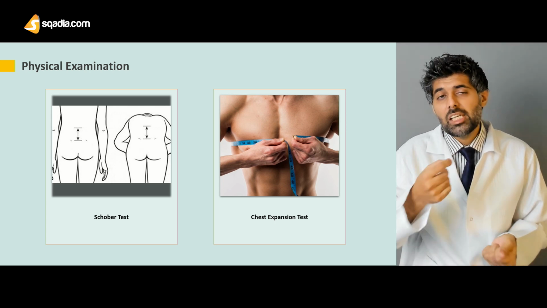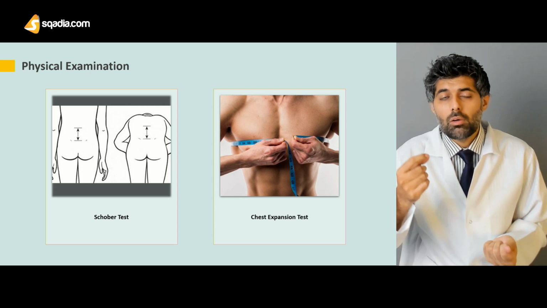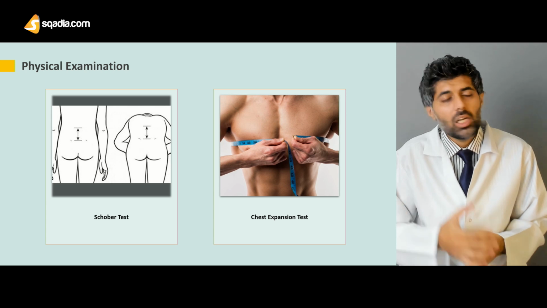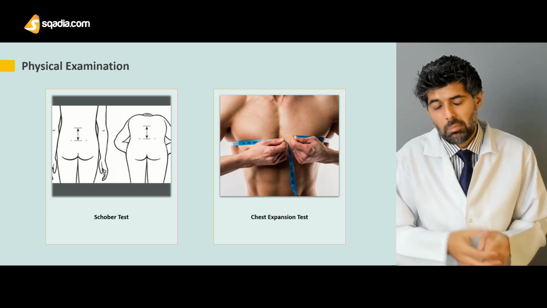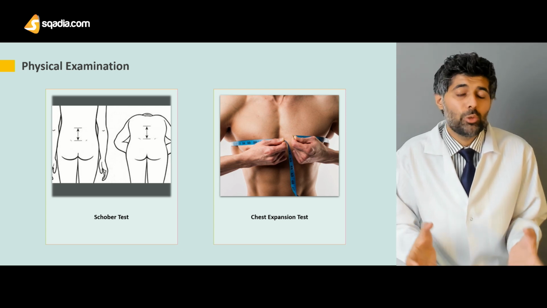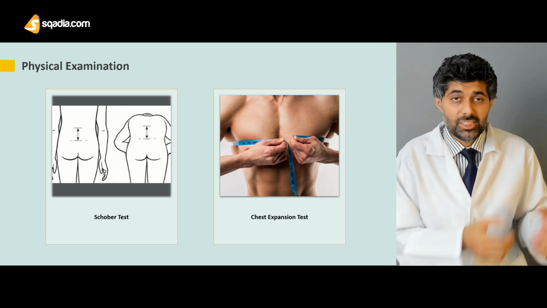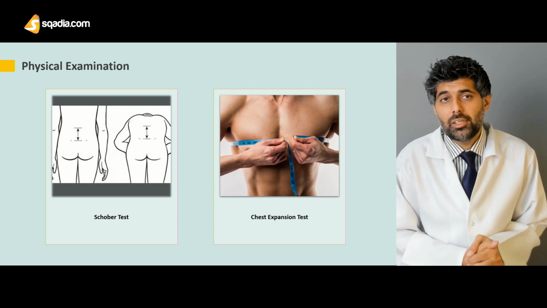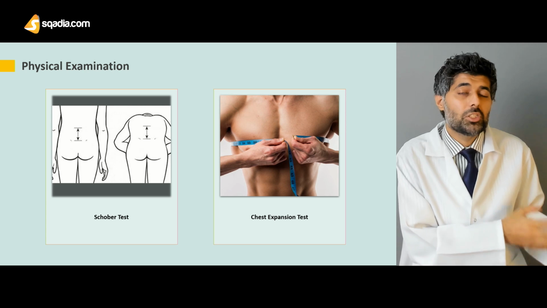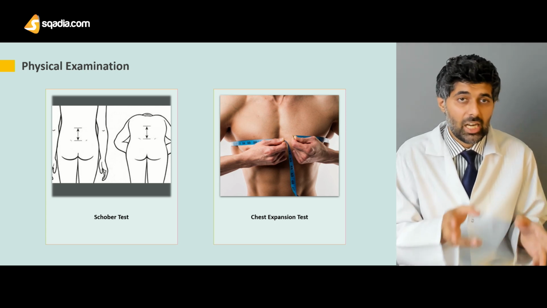Now, if that deep inspiration has an expansion of more than 4 centimeters, it is considered normal. But if that expansion is less than or equal to 4, then again, suspicion for ankylosing spondylitis is increased and it is considered among the differential diagnoses at this point.